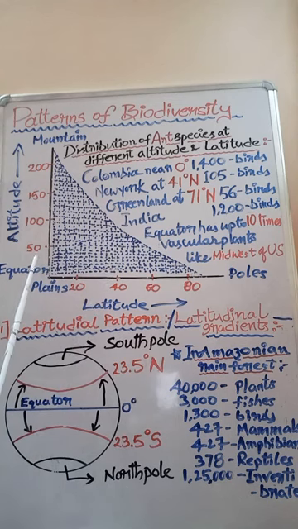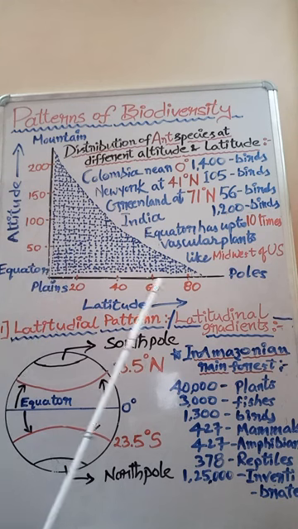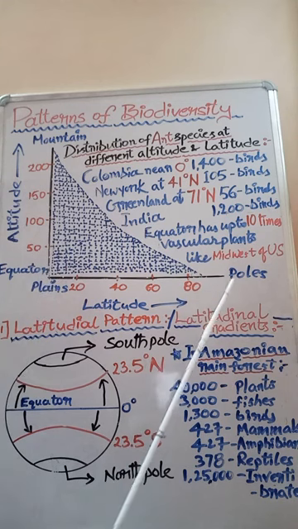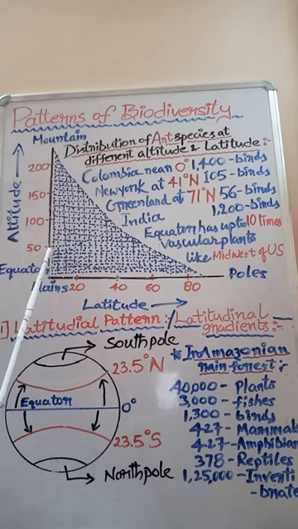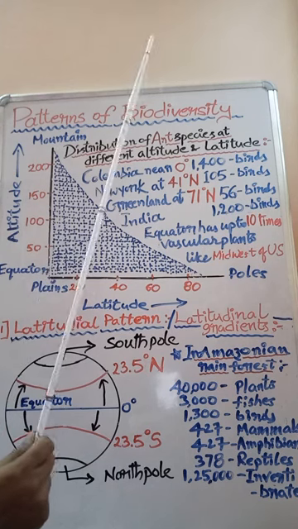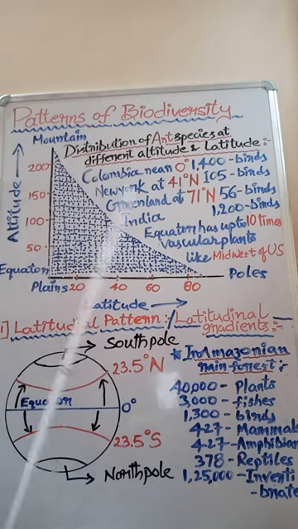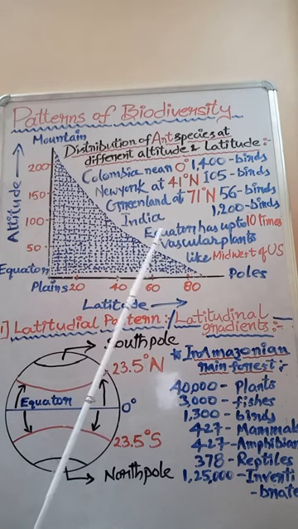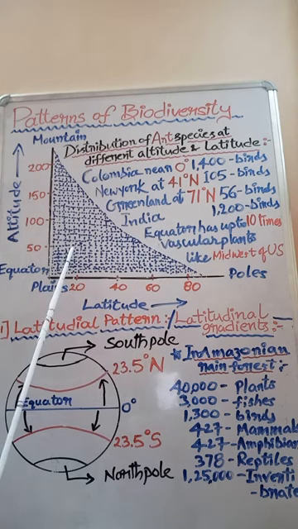This direction keeps going 80, 100, 200 towards poles, and the altitude direction keeps going 200, 250 towards mountains. So with this graph we can understand very clearly at which place species of ants are more, and at which place they are less. Hope you understood this graph, students.